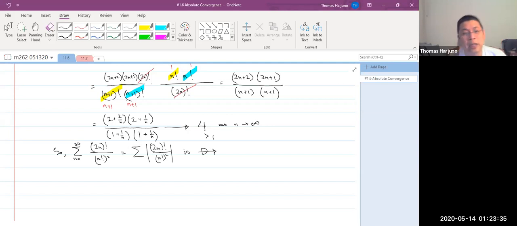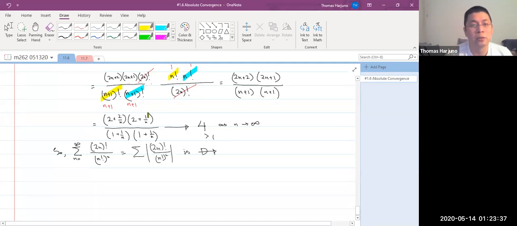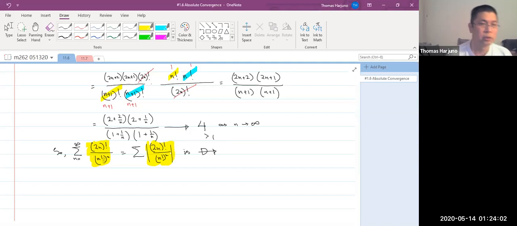Now it just happened that the terms in the original series are the same as if we apply absolute value. So once we can show that this guy is divergent, then at the same time, because they are equal, this guy is also divergent. Okay, so notice I use the test for absolute convergence even if I don't need the absolute value sign.